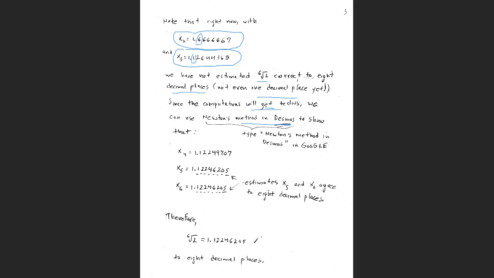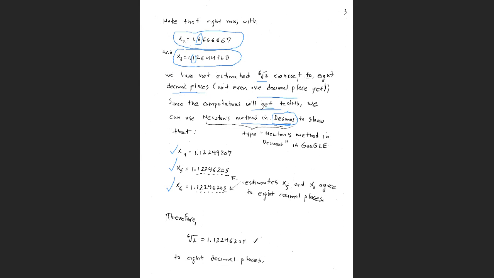No, that's in another class. I'm sorry. Well, how many have heard of Desmos? D-E-S-M-O-S. How many have heard of this? Okay, all right. Joe likes it. What we're going to do is get x sub 4, the fourth approximation, fifth approximation, and sixth approximation using Newton's method with Desmos.